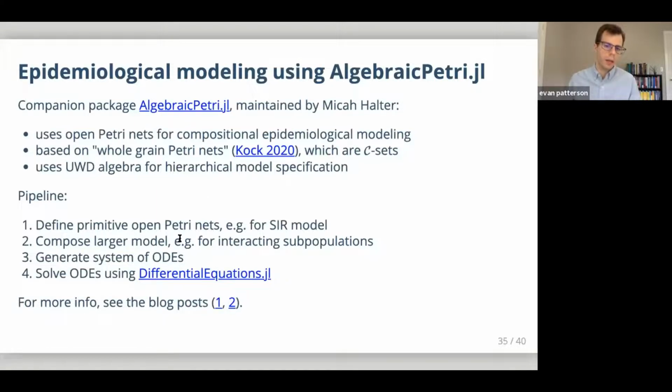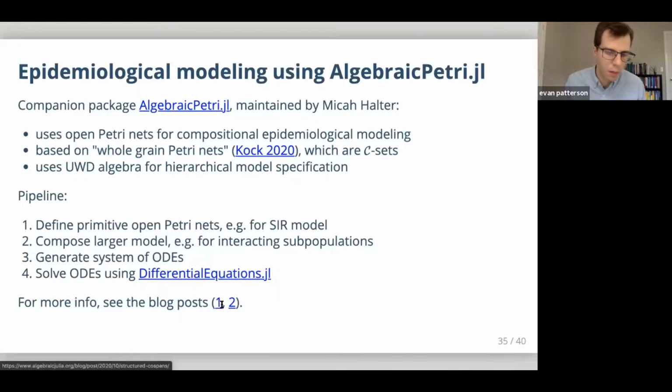So for example, you might glue together models for single populations into a model with multiple interacting populations. That gives you a Petri net. You translate the Petri net into ODEs, and then you solve the ODEs using existing machinery in the Julia ecosystem.